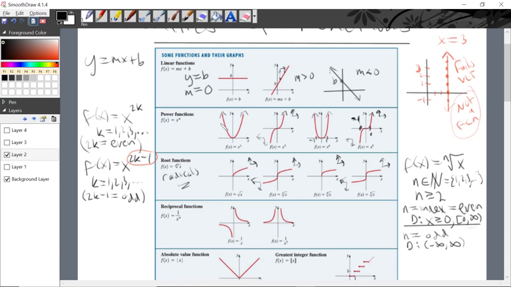In fact, if we were to take any one of these functions and kind of flip it, rotate it, we would get representatives of these relations down here.